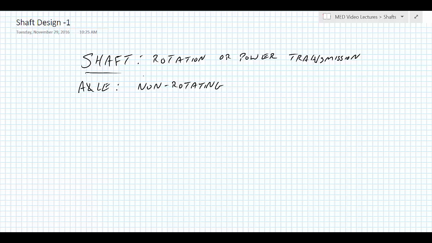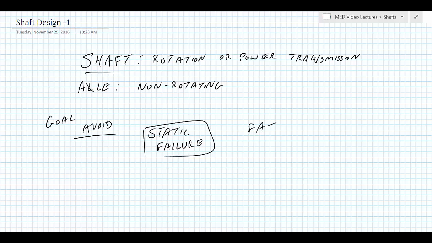Specifically, we have a couple of goals, and they are avoiding the ways that a shaft can fail. So our goal is to avoid static failure, fatigue failure, and any sort of significant deflection.